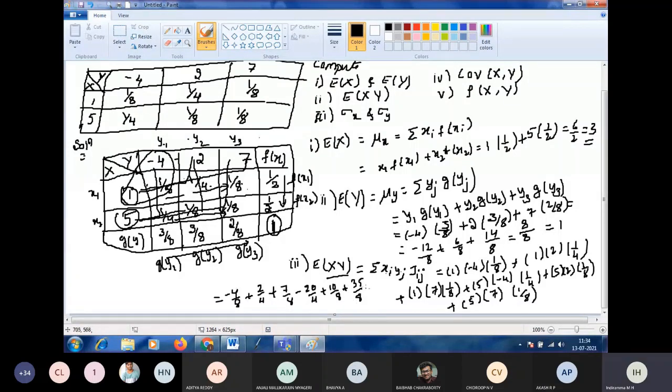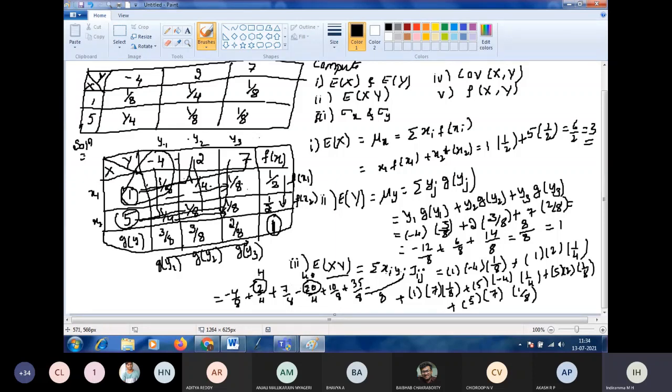Now take the LCM as 8 and add. Instead of 2 it becomes 4, and instead of minus 20 it becomes minus 40. The rest remain the same because I am taking the LCM as 8. Minus 4 plus 4 cancelled.